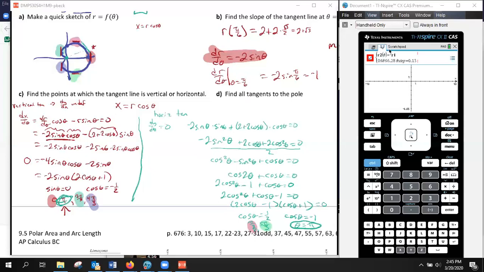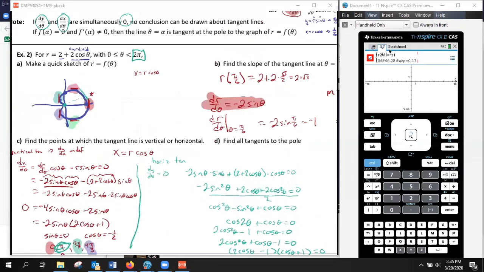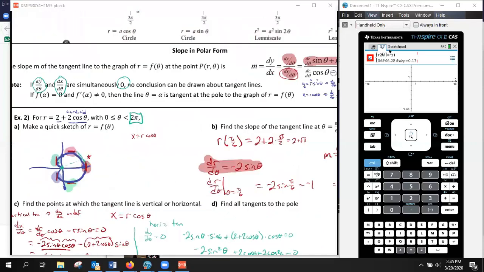So, last thing, all tangents to the pole. To find all tangents to the pole, we want to know, and let me scroll back up here, if f of theta equals 0 and f prime of theta is not 0, then the line theta equals a is a tangent to the pole.